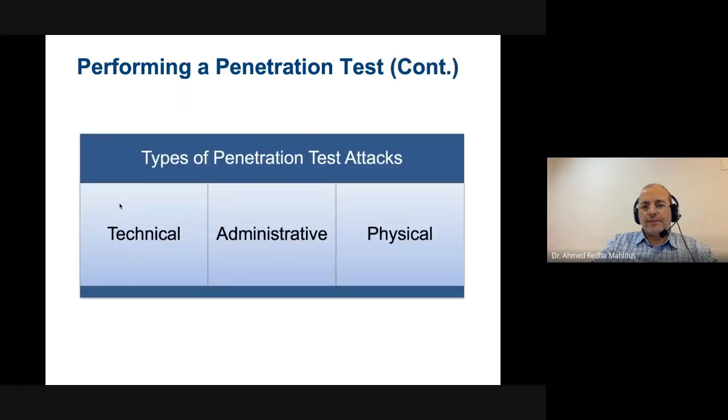In terms of types of penetration test attacks, you can do a technical attack, an administrative attack, or a physical attack. A technical attack is, for instance, DOS: I will use denial of service to bombard that specific machine with pings.